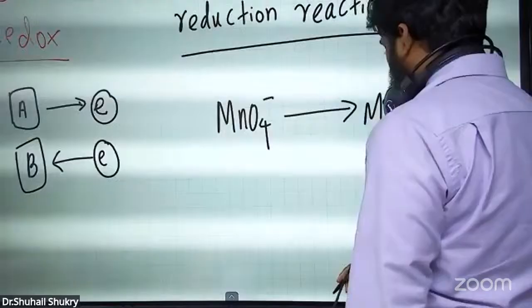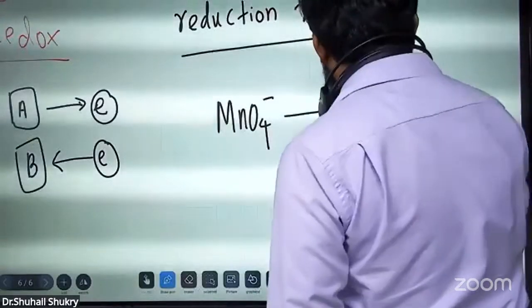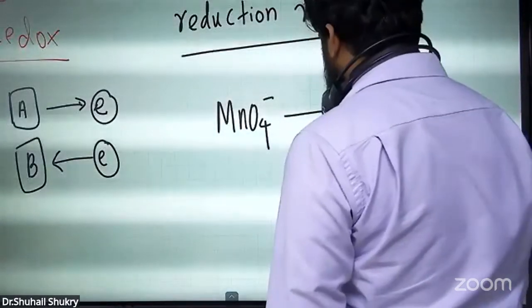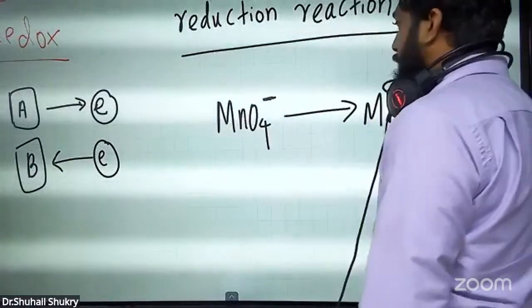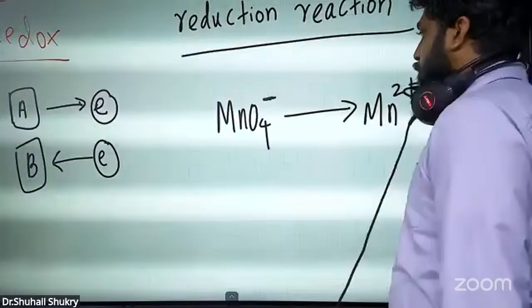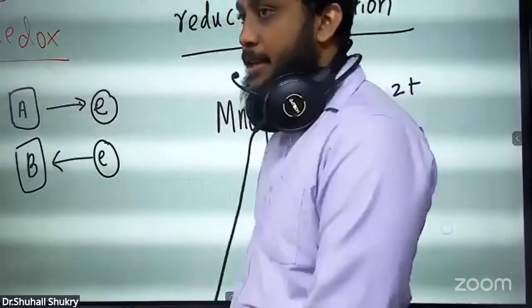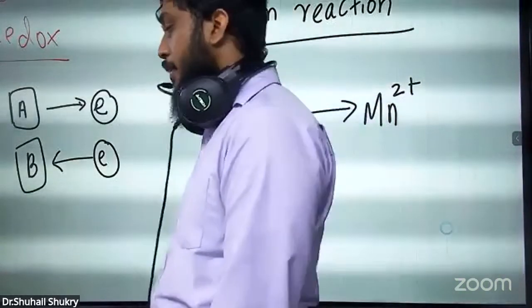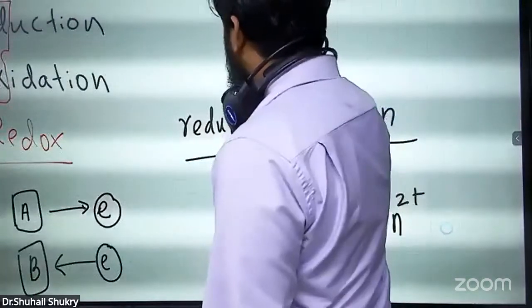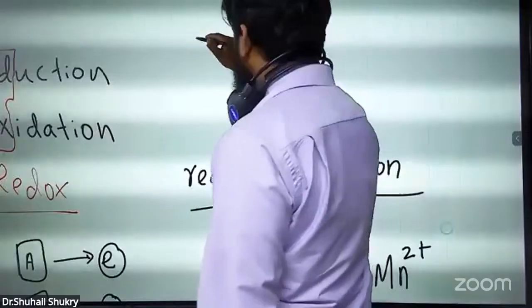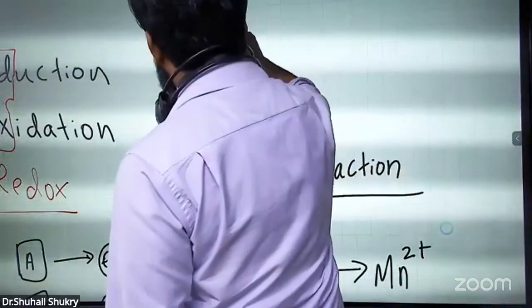You can see the charge. What has happened to the charge? First of all, to check the oxidation number, I will tell you about that. Take MnO4 minus.